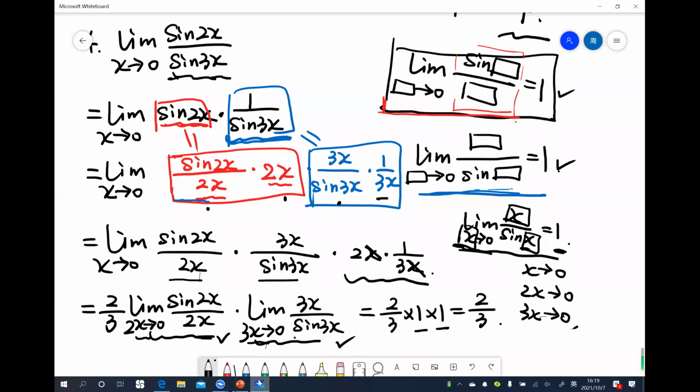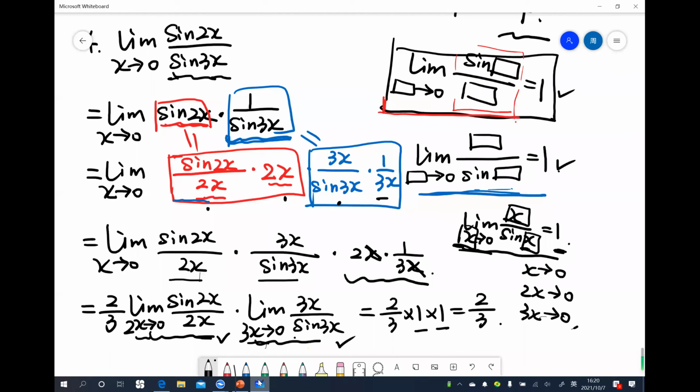But you cannot use it to solve this kind of question, because that is not useful, and it is not simple for this kind of question. Because I can give you sine 5x, 10x, so you cannot write every formula out, right? So I prefer this way to solve this kind of question. Okay, guys?